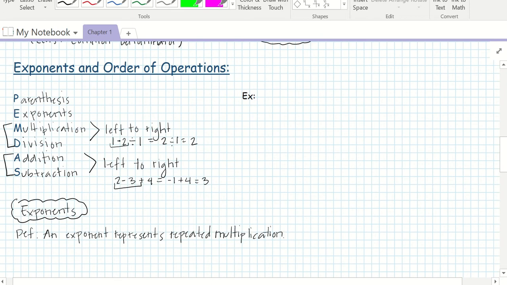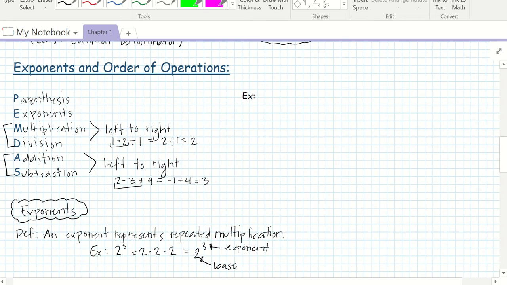Okay? So an example can be if we have 2 to the third power, this is 2 times 2 times 2. Let me put 2 to the 3. 3 is the exponent, and 2 here is called the base. So the exponent tells the base how many times it has to multiply itself.